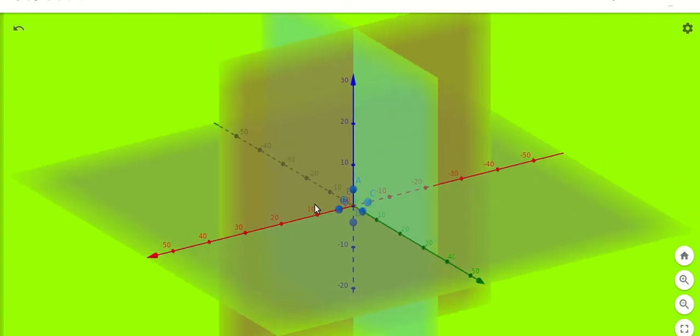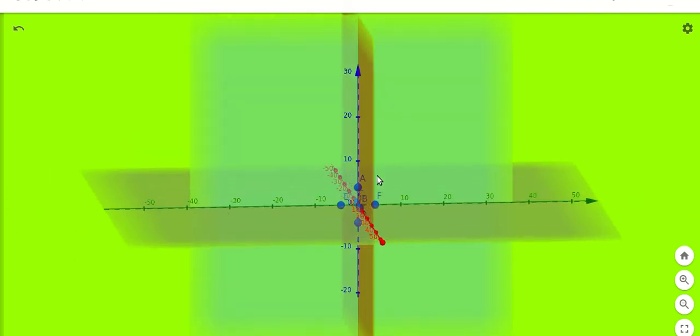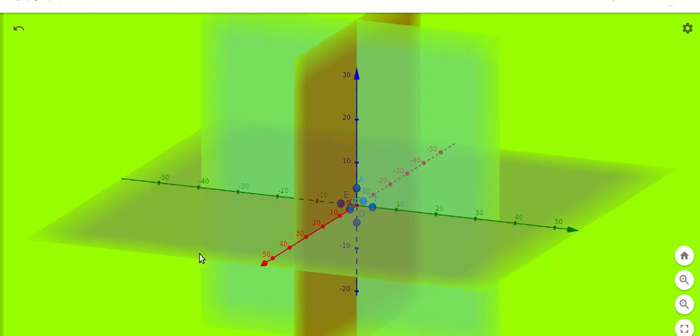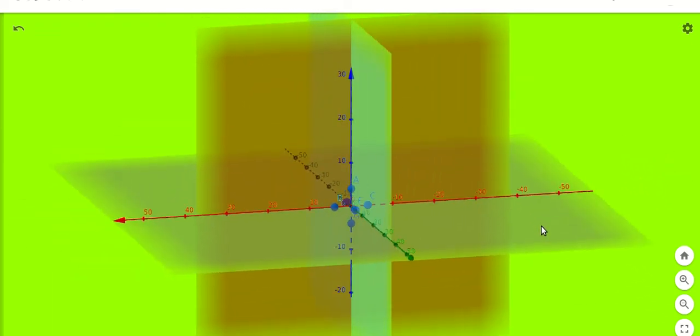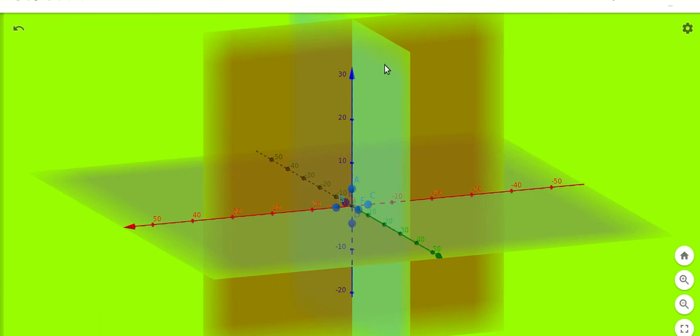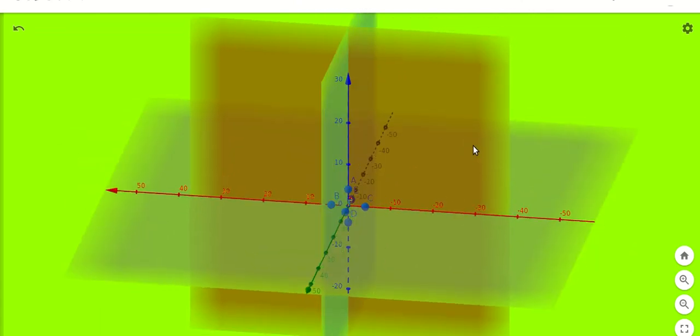If we talk about the xy plane, this one is our xy plane, and if we talk about the yz plane, this one is our yz plane, and this is the xz plane containing the z-axis and x-axis only.